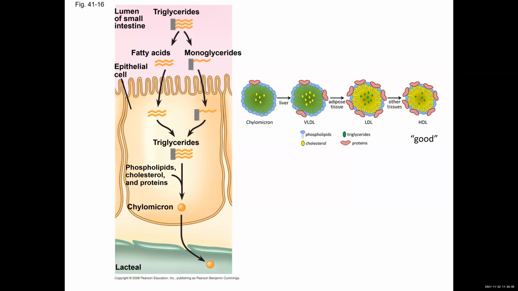The high density lipoproteins actually go around our circulatory system scavenging up cholesterols, right? And so those are considered, from the perspective of our cardiovascular health, the good cholesterol because they're scooped up by these HDL, high density lipoproteins, and eventually returned to the liver for further processing.